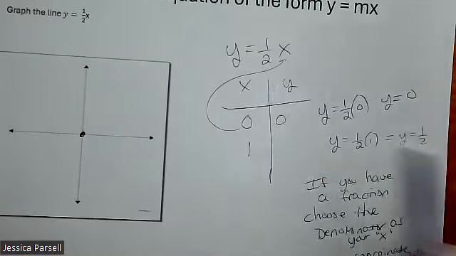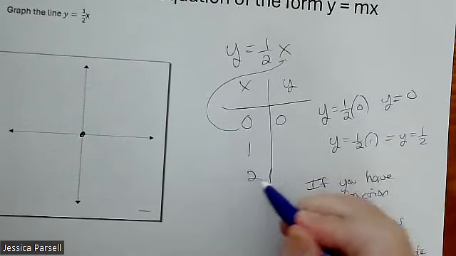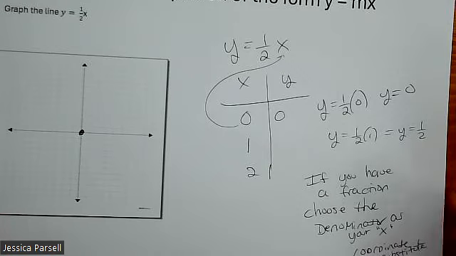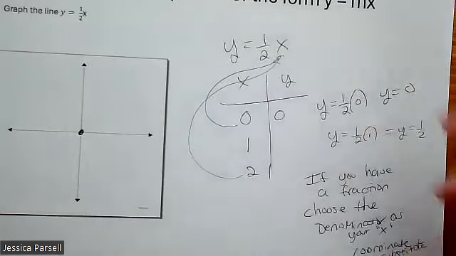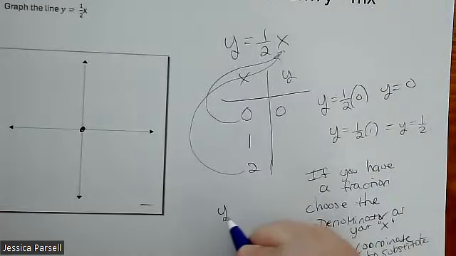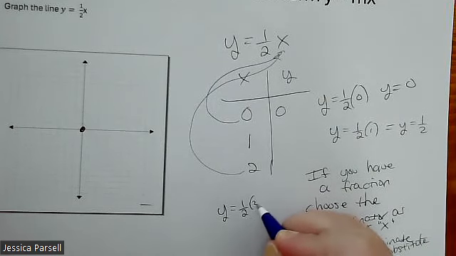So the denominator is a 2. So I'm going to try putting a 2 in for x. All right, so let's try my trick. So y equals 1/2 times 2.